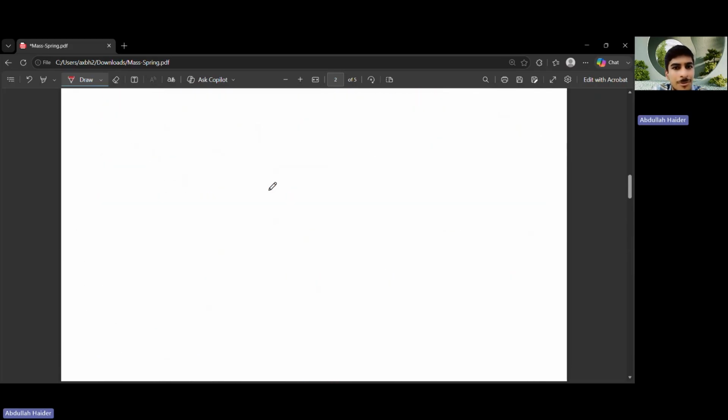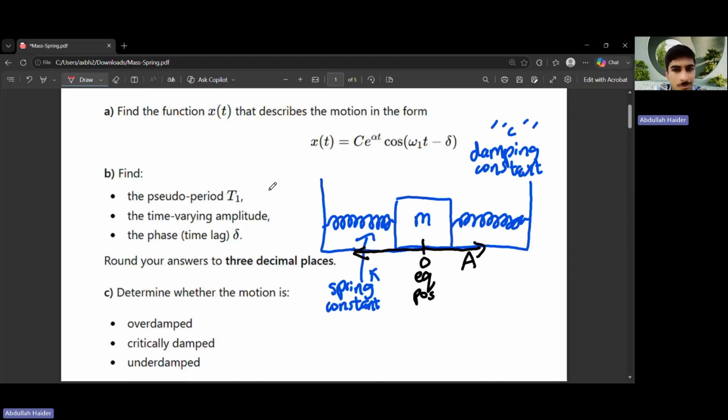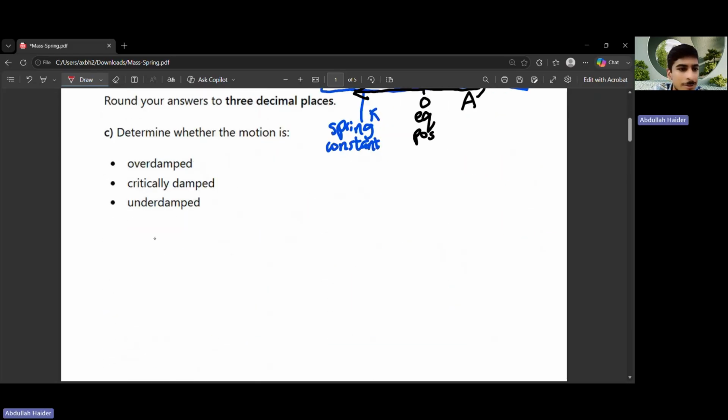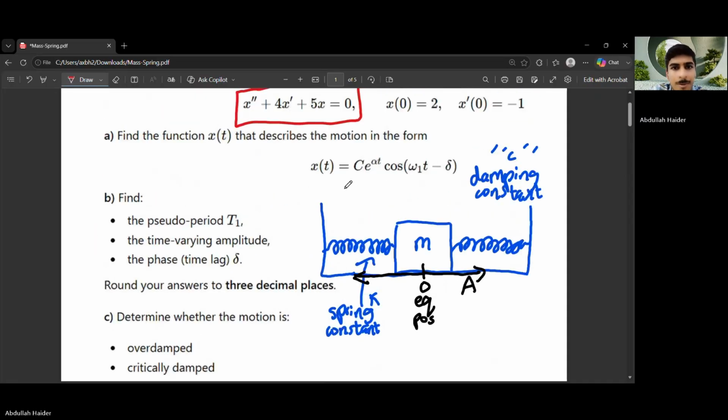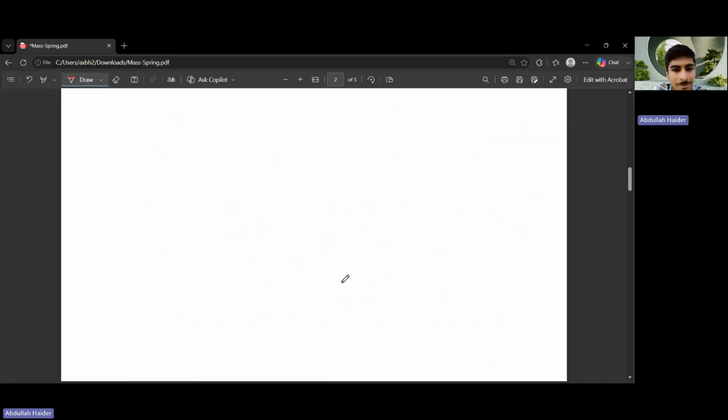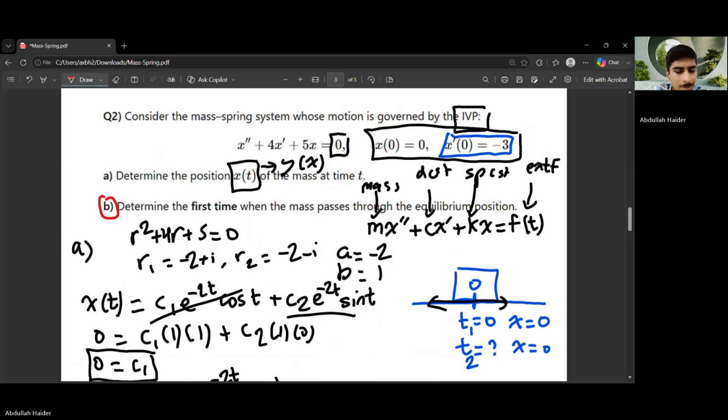And now we can move to the advanced one. The equation is the same as how we did it, but the initial conditions are different. So let's first find our x of t. We can use the same general equation from below, c1 e power -2t cosine t, because the equation is the same but the initial conditions are different.